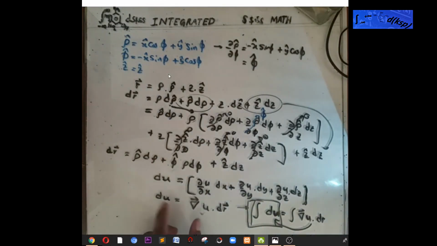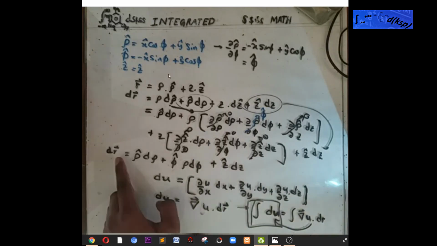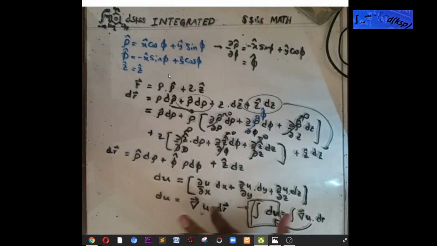You have already found the vector dr, so just substitute it in this expression for du using the partial derivatives, and substitute into this equation also, and you're able to figure out the operator.